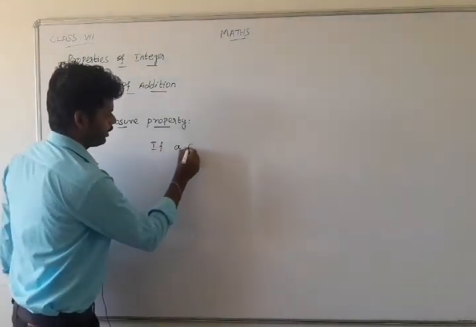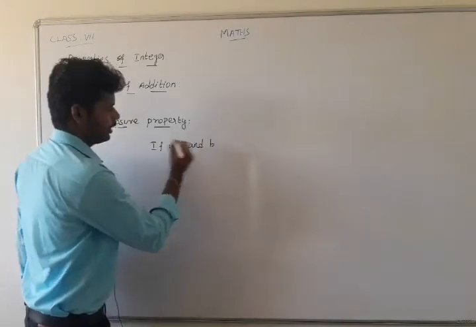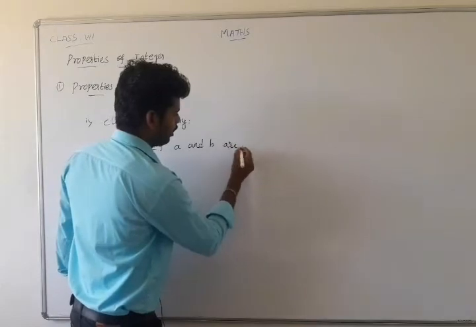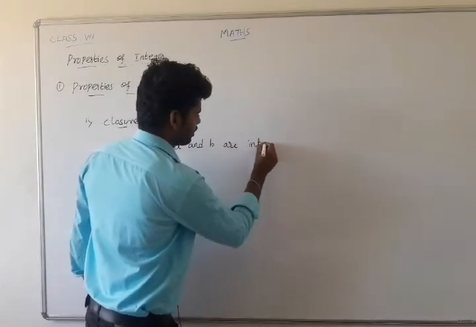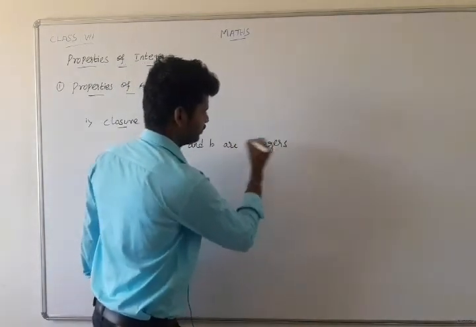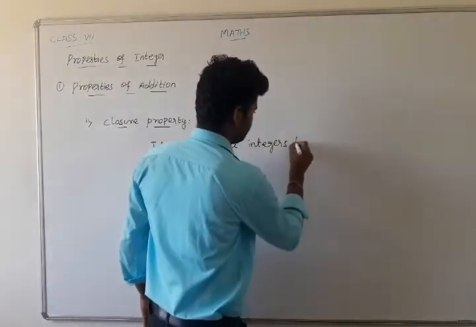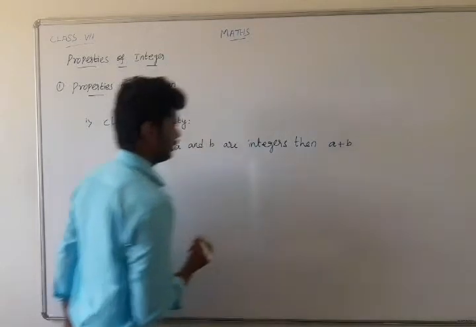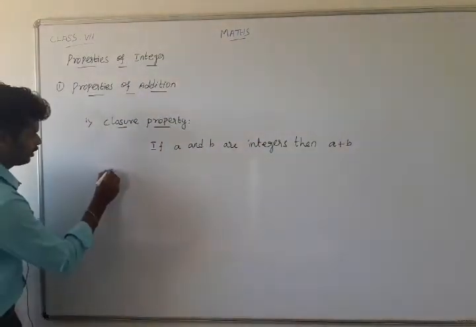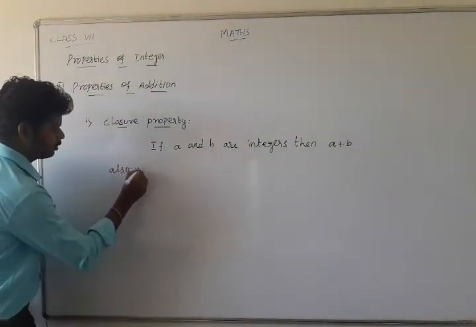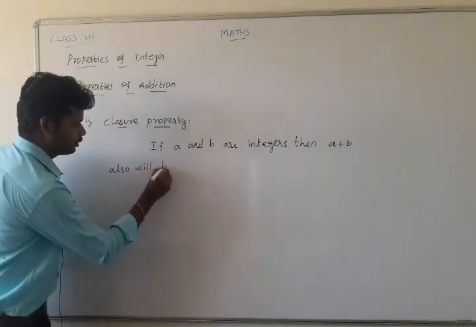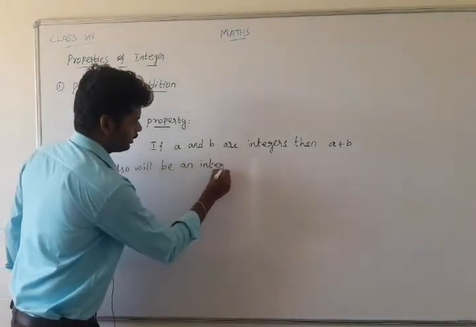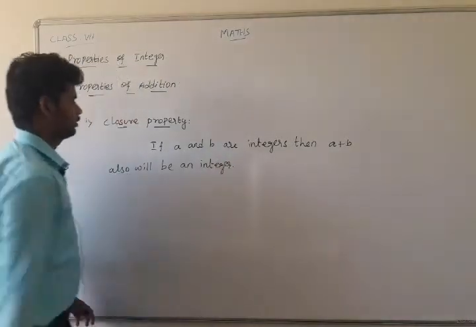If A and B are two integers, then A plus B also will be an integer.